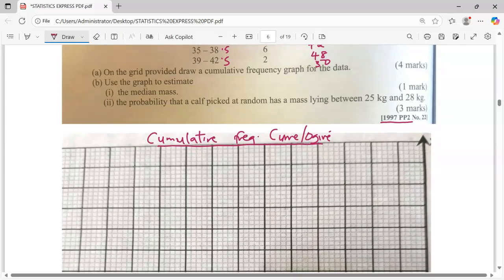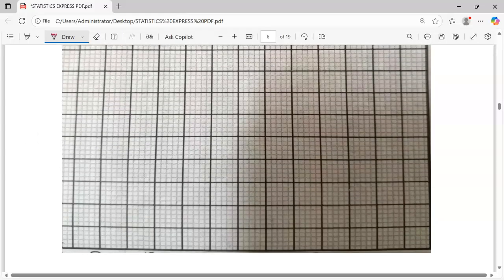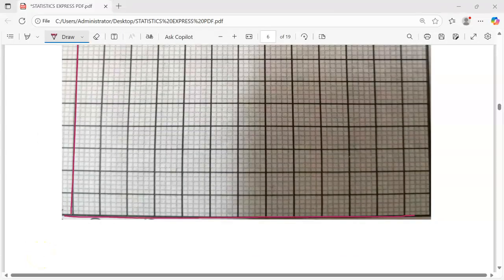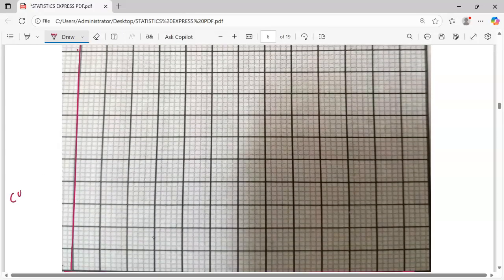On the y-axis, we are going to have the cumulative frequency, and on the x-axis, we are going to have the upper class limits, which represents the mass in kilograms.